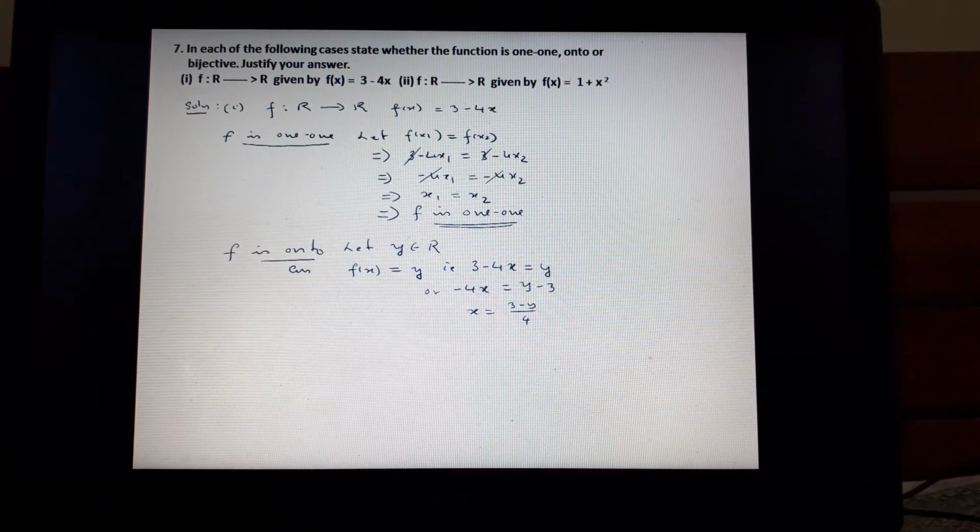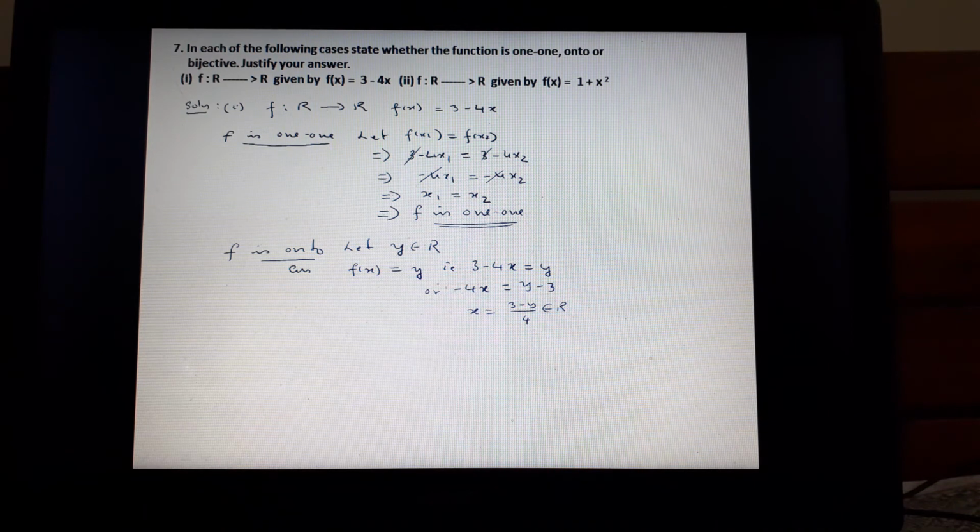Now your argument should be like this. y is a real number in R. Definitely 3 minus y also is a real number, and 3 minus y by 4 is also a real number, and definitely this belongs to R. So now I will show that this x is the pre-image of y, which proves it is onto. So now consider f of x. f of x is 3 minus 4x.